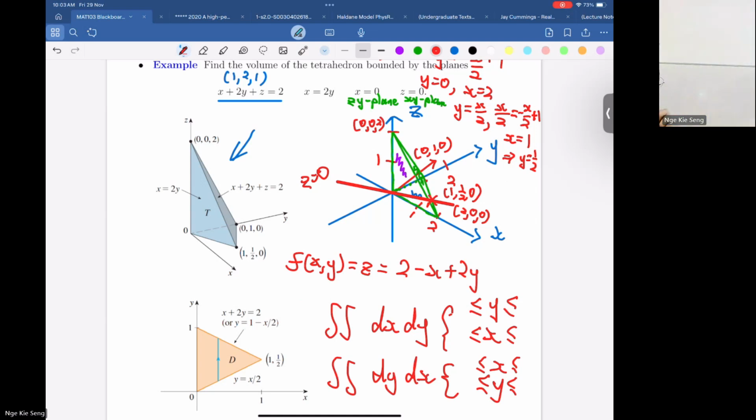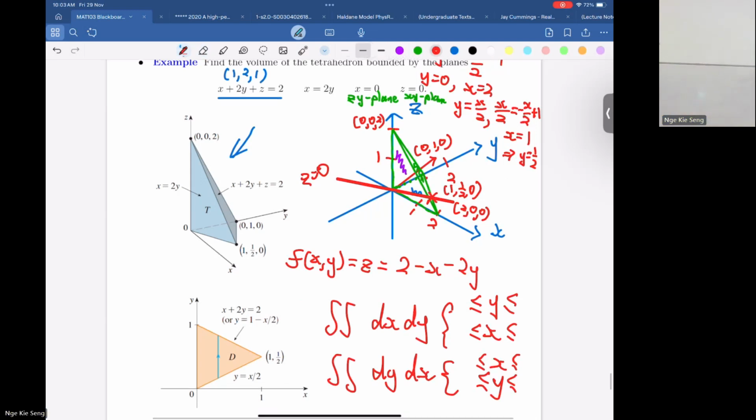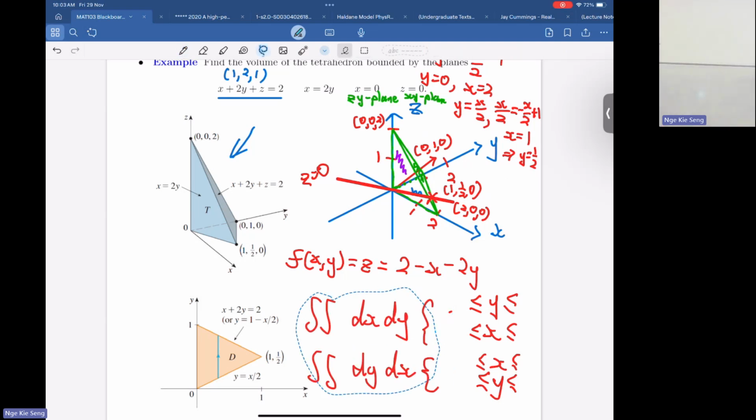Oh, minus 2y, what is minus 2y? Oh, minus 2y. Okay, thank you. Let's try dx dy. How to determine the integration domain?